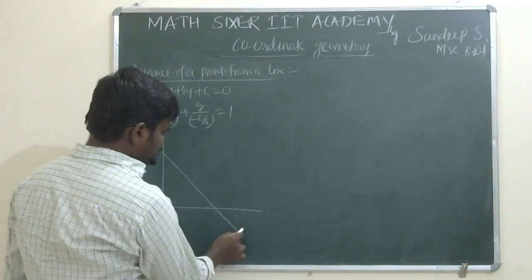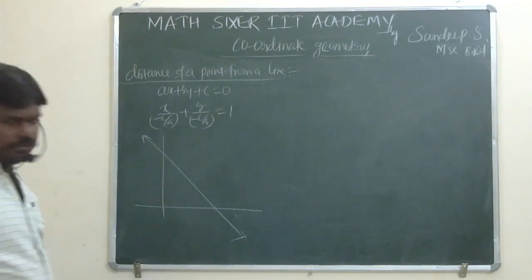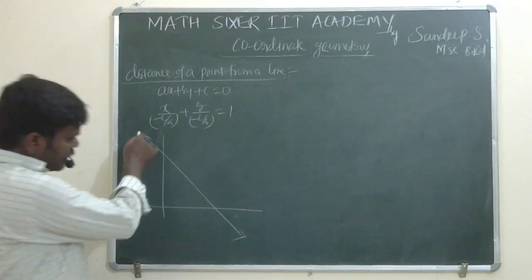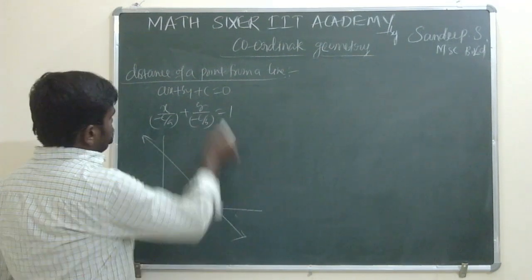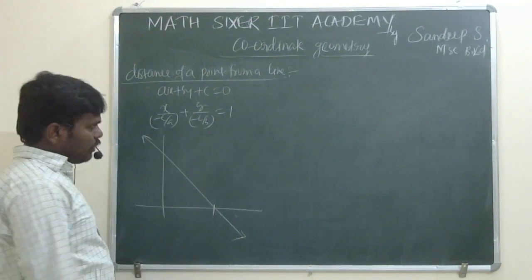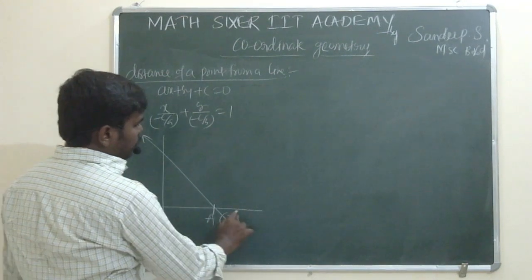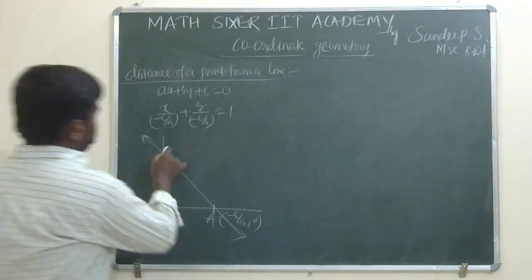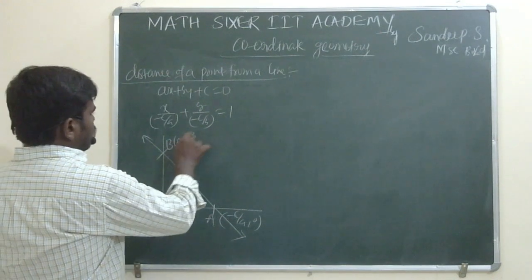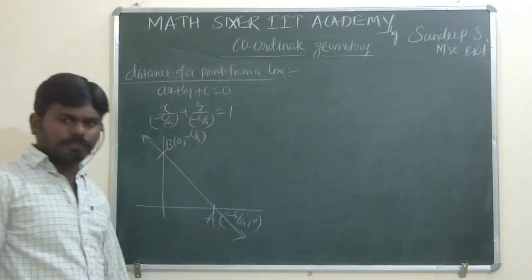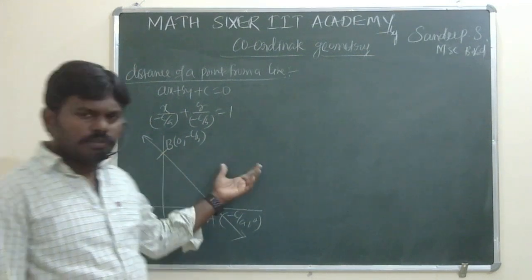This is the straight line which represents ax plus by plus c is equal to 0, with x intercept minus c by a, so the point is minus c by a comma 0, and similarly 0 comma minus c by b. Of course, everything we will take in the first quadrant only.